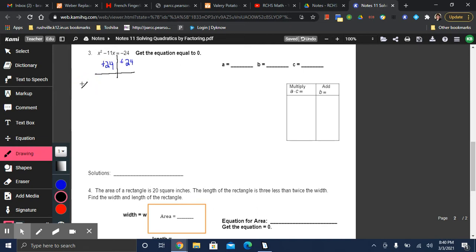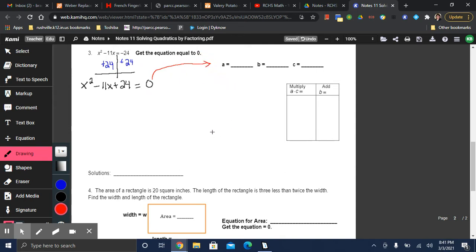So instead, I'm just going to have to write them out, x squared minus 11x, and then plus 24. Now I have my equal sign, and negative 24 plus 24 is 0. So now I've got my equation equal to 0.